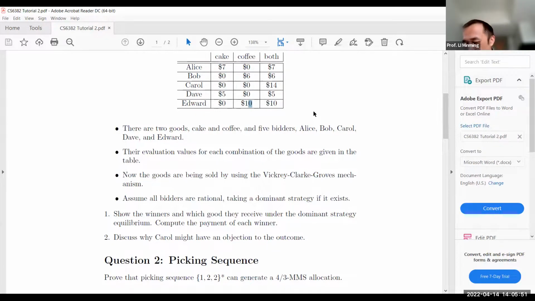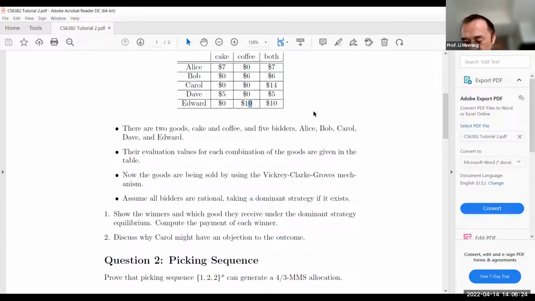Now there is also an intrinsic reason about this. Only Carol will object, but it seems that it does not map to our earlier discussion, for example, that maybe the solution is not stable, maybe it's not in the core.